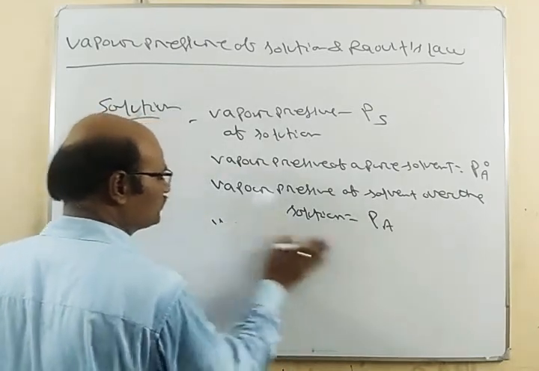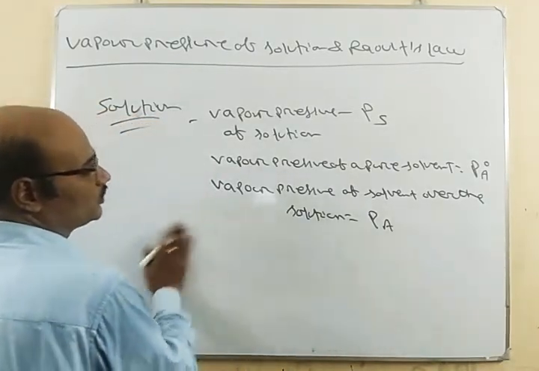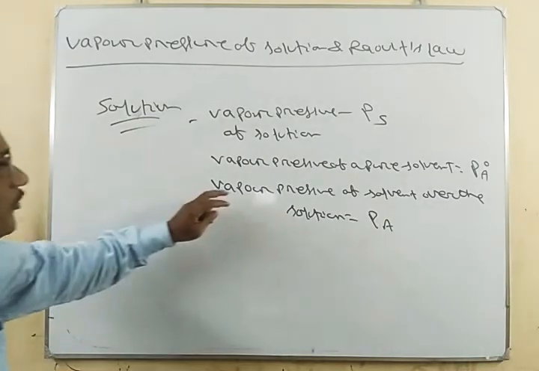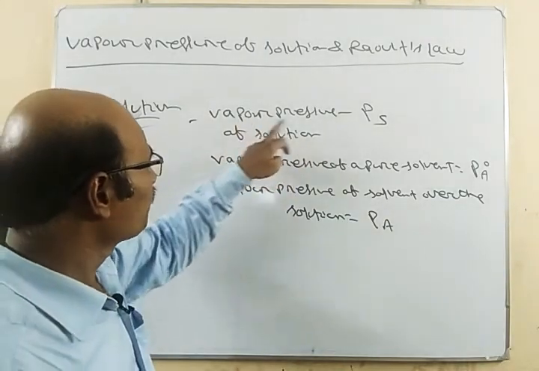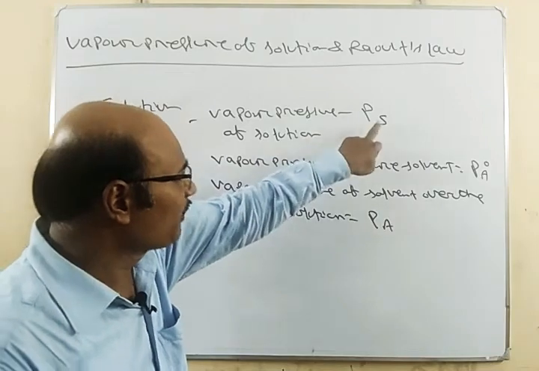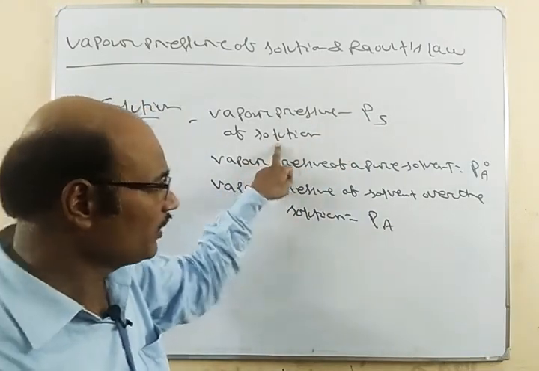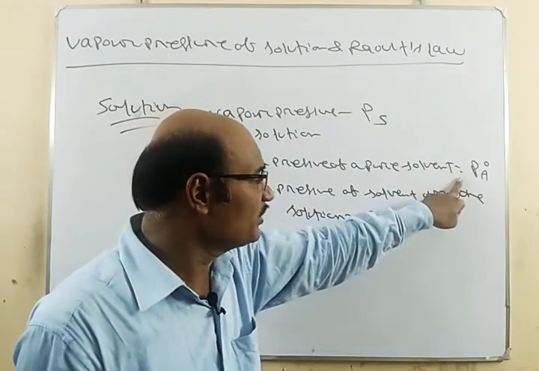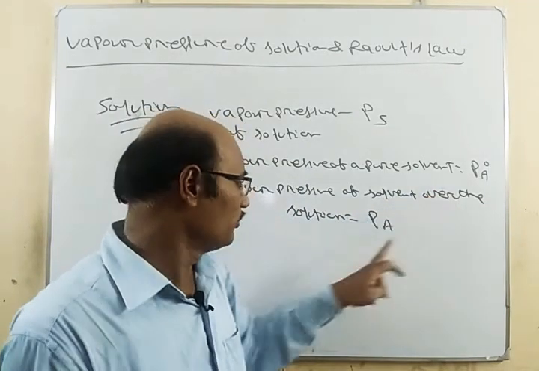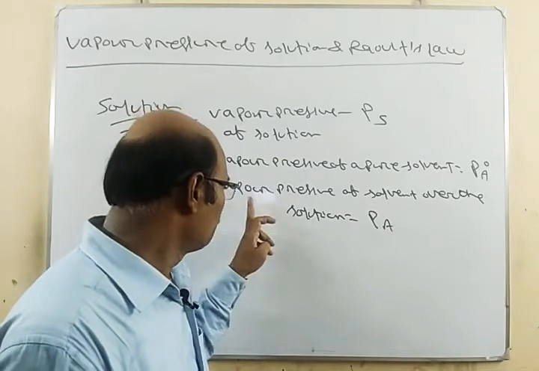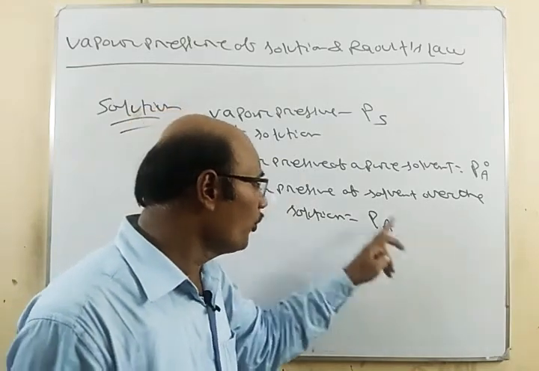Let me discuss this. So, PS is the vapor pressure of the solution, PA naught is the vapor pressure of the pure solvent, and PA is the vapor pressure of the solvent over the solution.